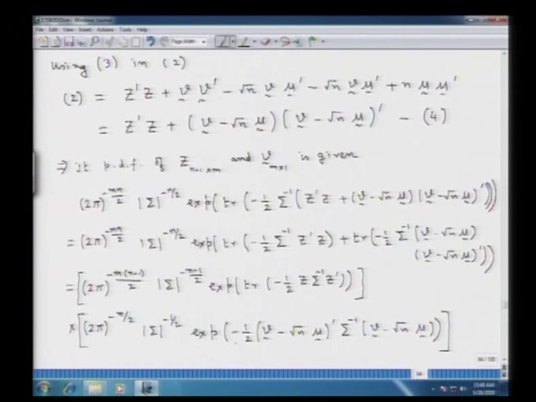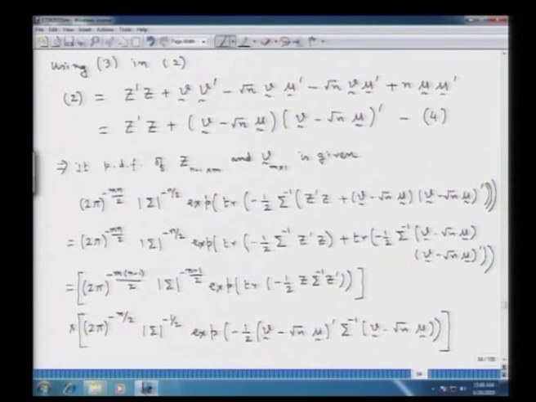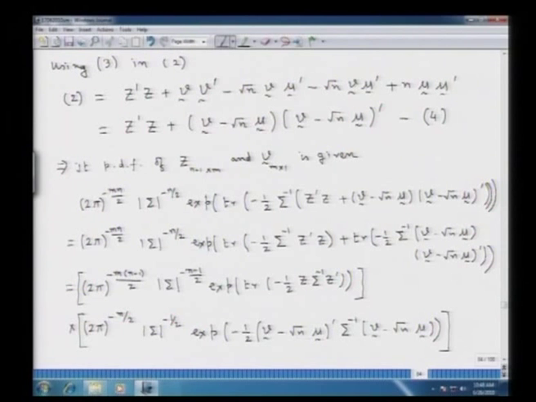The two other things that emerge are that if you look at this particular density, the second one, it is clearly the density of a multivariate normal distribution. So V clearly has a multivariate normal distribution with what parameters? Now the dimension of V is m. So this V is going to have a multivariate normal m dimensional distribution with mean vector root n mu.